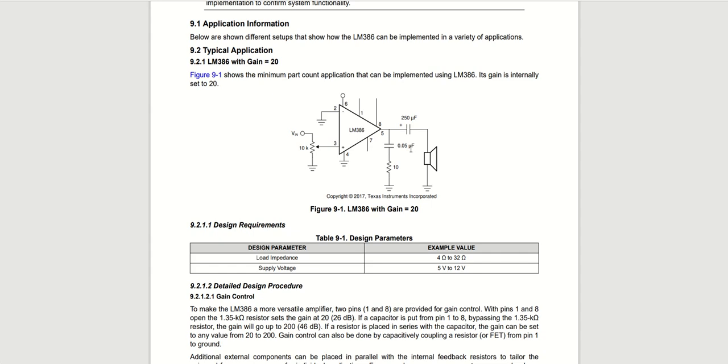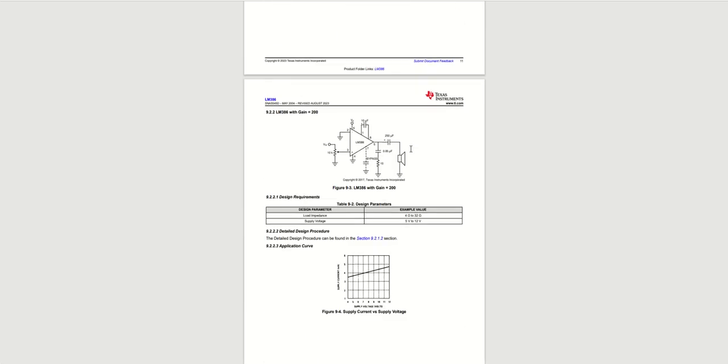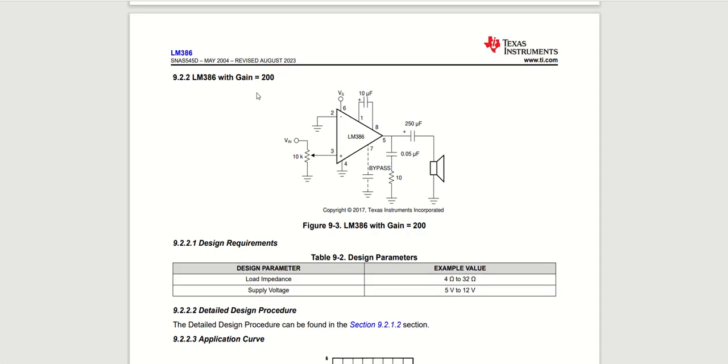So looking at the data sheet of the LM386, let's go down and look at another application. So this other application gives you a gain of 200. So we are at 20, and to get a gain of 200, you connect a capacitor between pins 1 and 8.